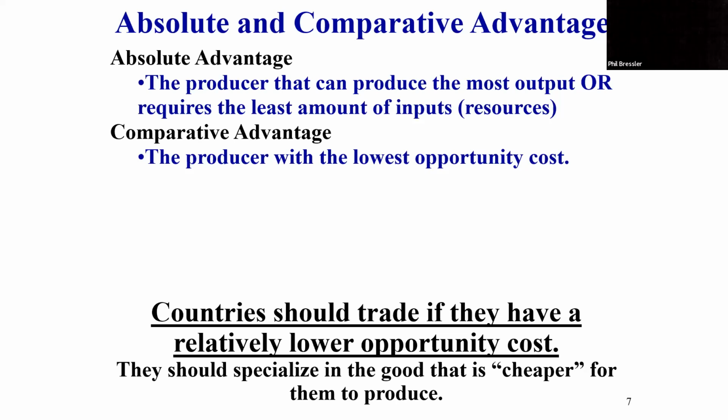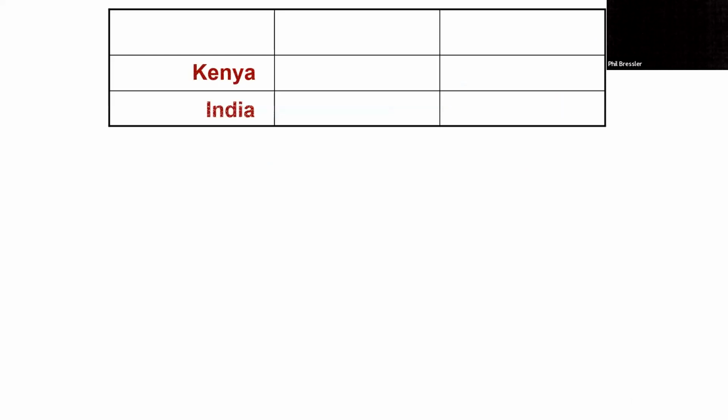Okay. Now, there's your two countries, Kenya and India. And there is how many pineapples and how many radios they can make. So whenever they're asking you how much of the product, how many pineapples, how many radios, it's an output.